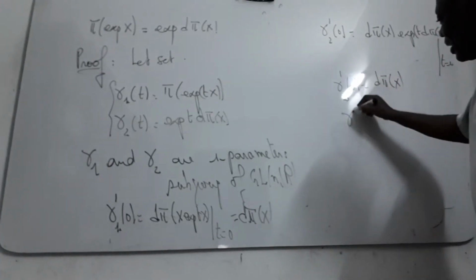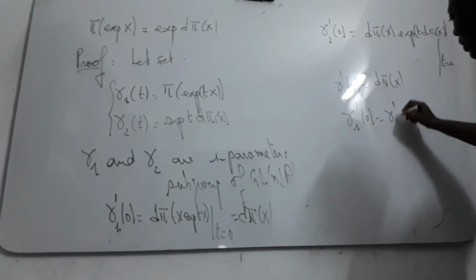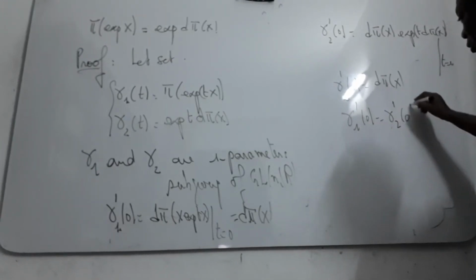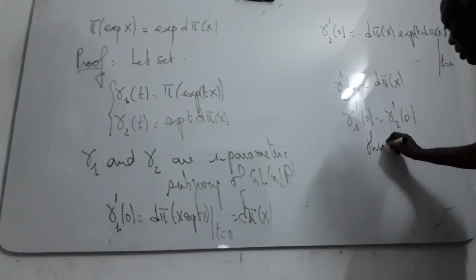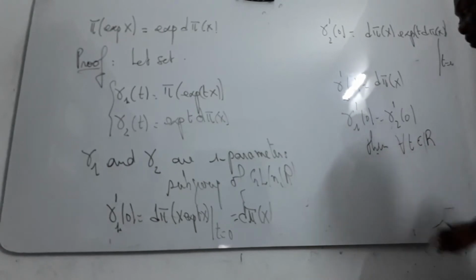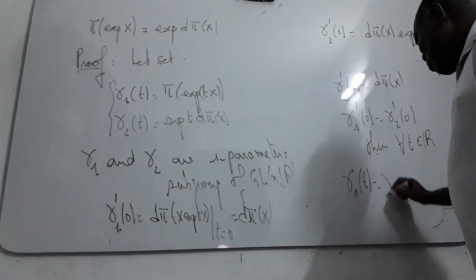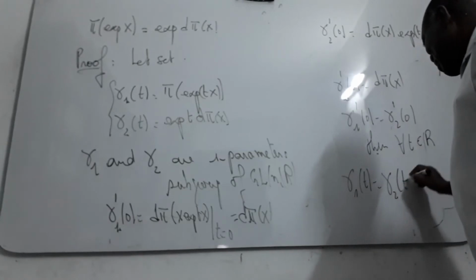Then you have gamma prime 1 of 0 equal to gamma prime 2 of 0. Then for all t in R, you have gamma 1 of t equal to gamma 2 of t.